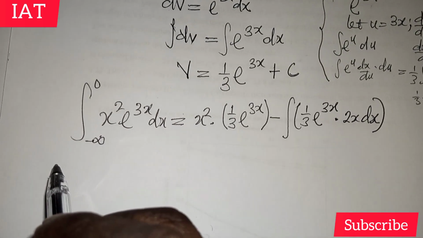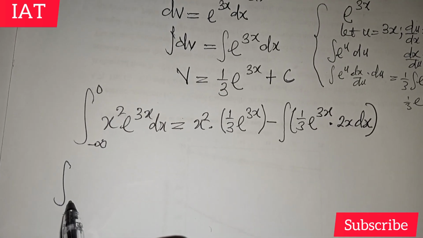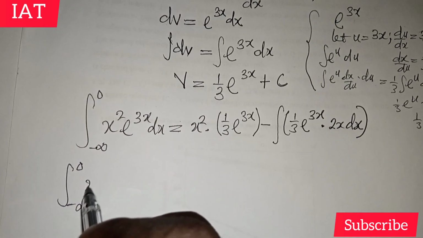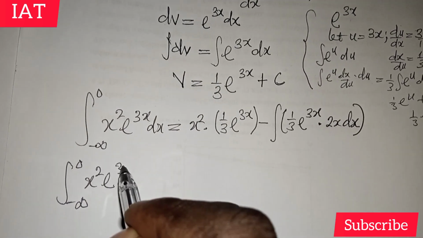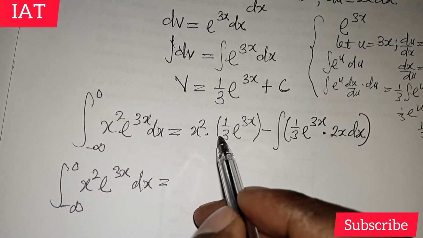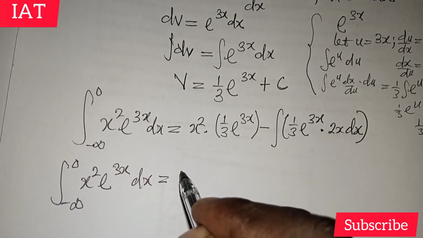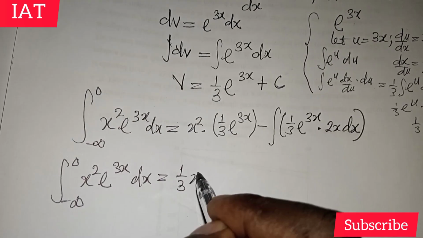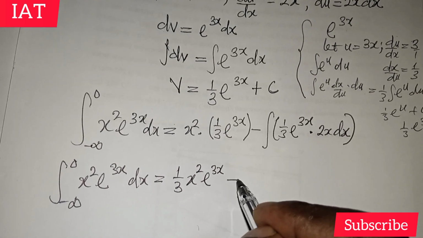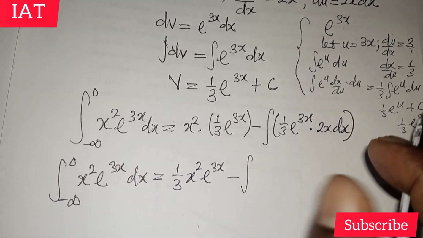So the next thing we need to do here is to say that the integral from negative infinity to 0 of x squared exponential 3x dx will be equal to, if this x distributes into this, 1 over 3 x to the power of 2 exponential 3x minus, we also need to multiply this through.